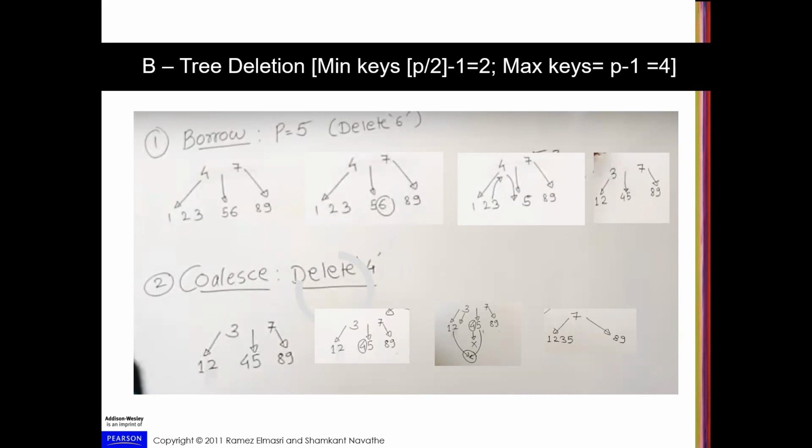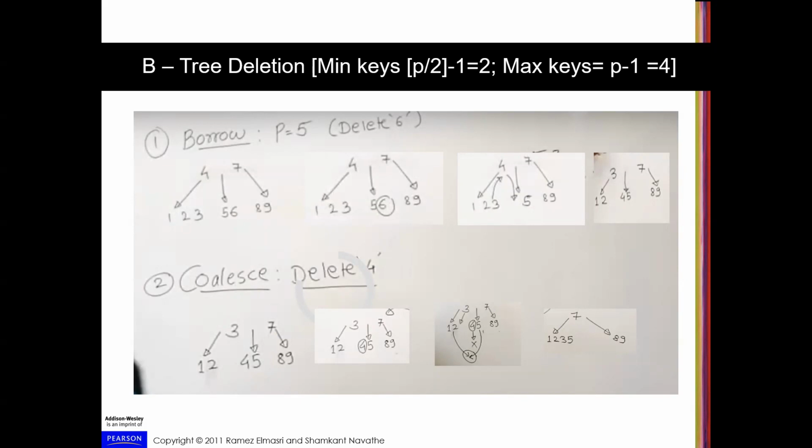And if it is from the leaf node, we have to make sure that there is no case of underflow. So we will discuss what underflow is. If it is an internal key, we have to make sure that after deleting the key from the internal node, the internal node is readjusted. And we will see how to readjust that. Sometimes the deletion can become recursive.